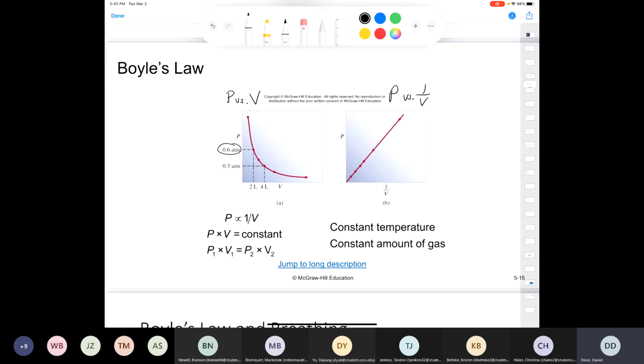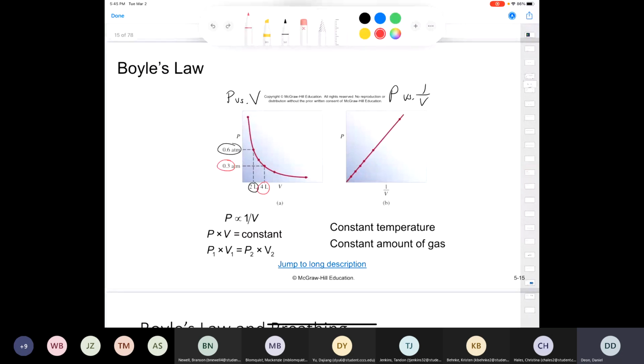If you take the pressure, 0.6 times 2. So if you take your calculator and take 0.6 times 2, you get 1.2. What if you take 0.3 and you multiply it by 4? So 0.3 times 4, what do you get? 1.2. So you get a constant, right? So pressure times volume gives us a constant.